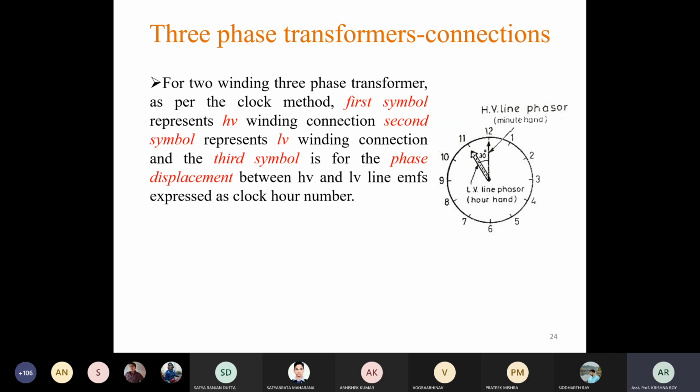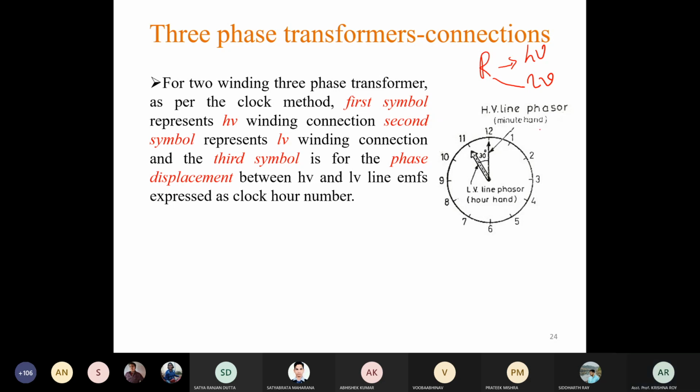Phase EMF for any particular phase is always in phase. R phase high voltage winding and R phase low voltage winding are always in phase. Similarly for the Y phase. Phase EMFs mean the EMF induced in any particular coil. Line EMF means what you get across any two lines after making the connections.